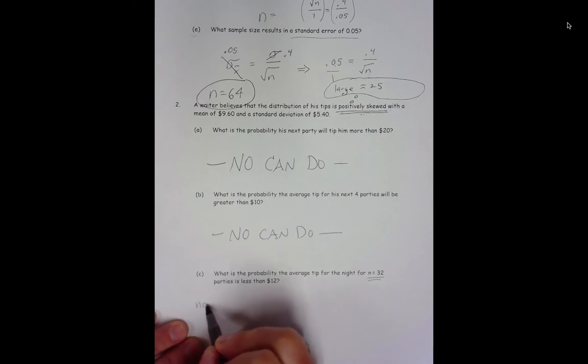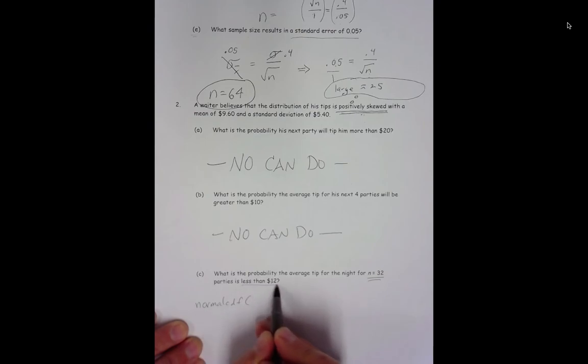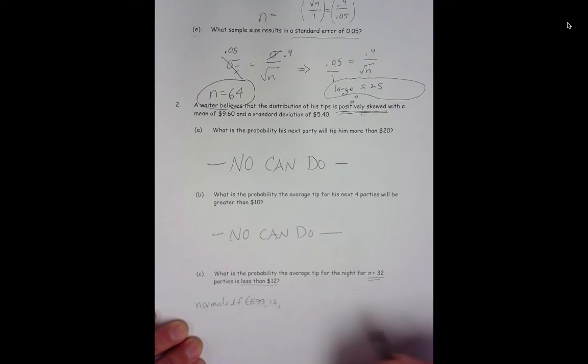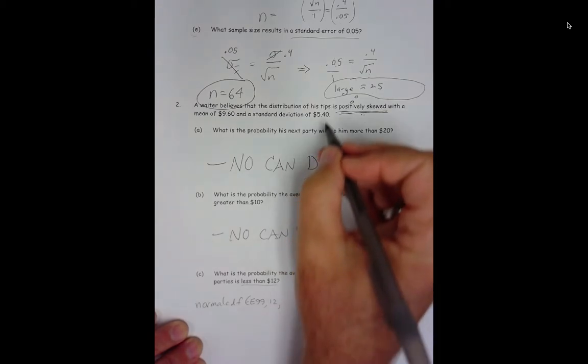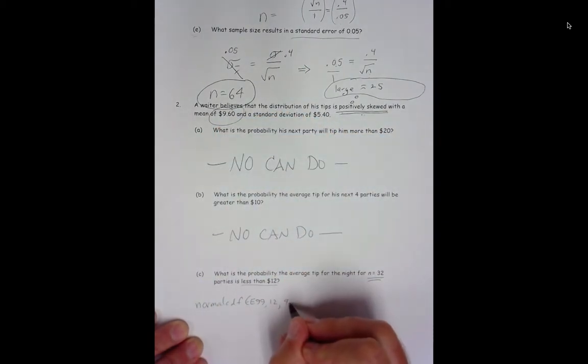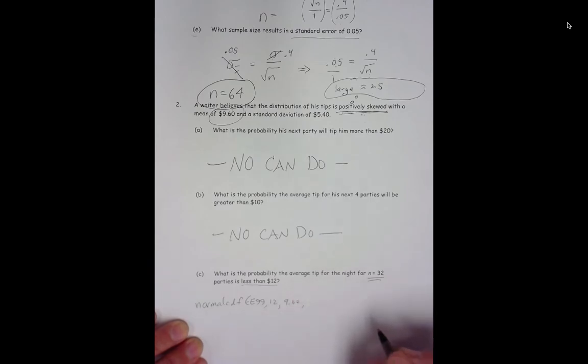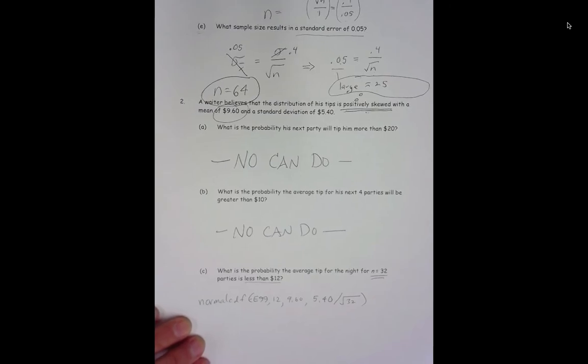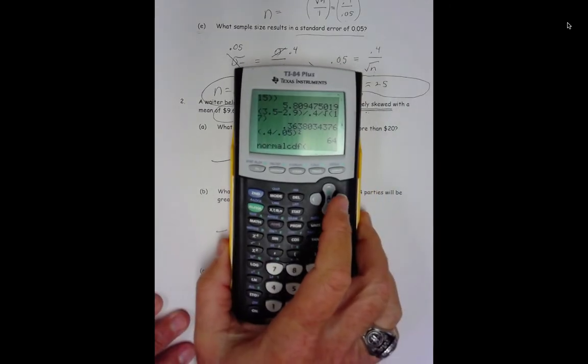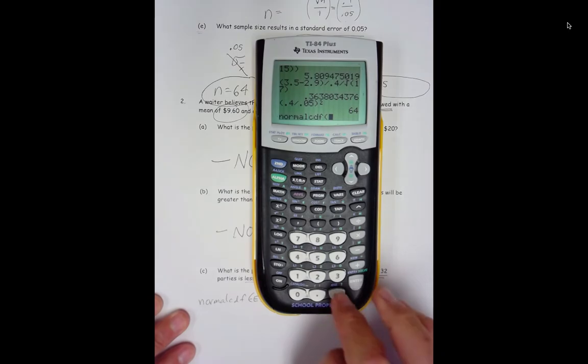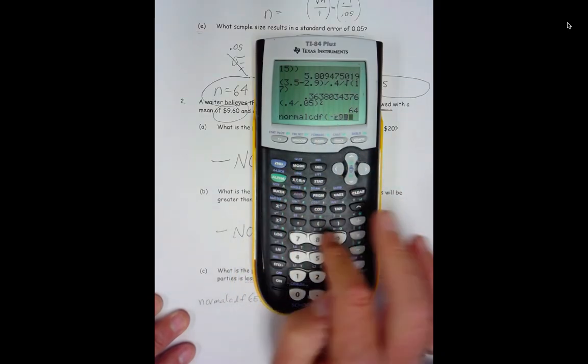So what we'll do here is we'll do normal CDF less than 12, which means I have to start with negative E99 up to 12. The mean of the distribution. The standard deviation divided by the square root of the sample size. So gang, if we can put this in our calculator without doing something wacky, and we should be able to do that.